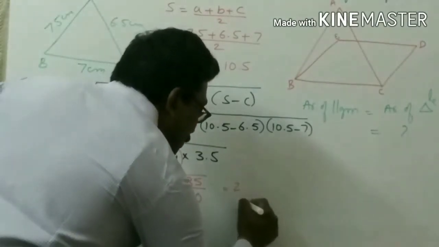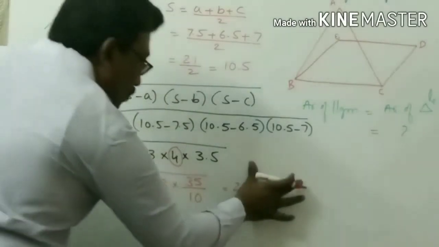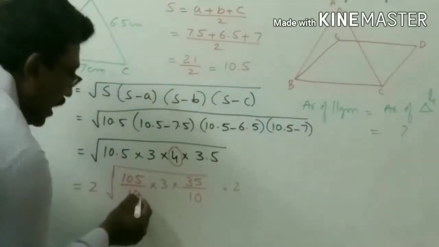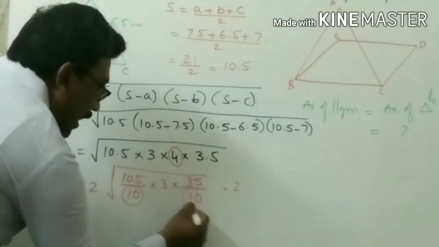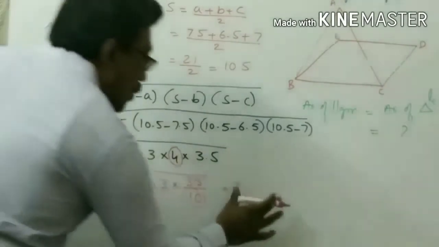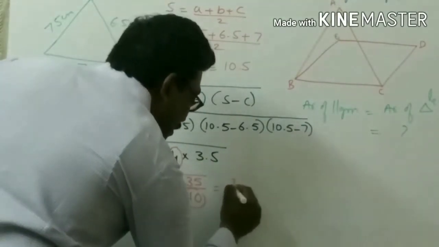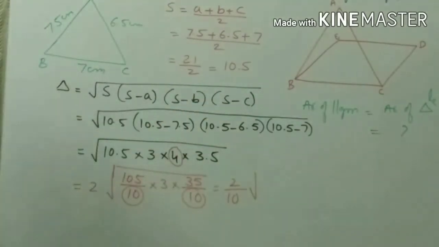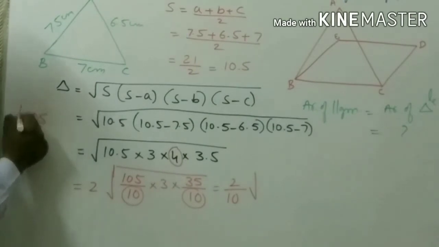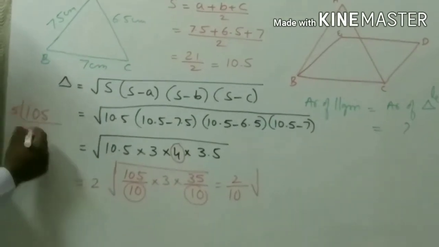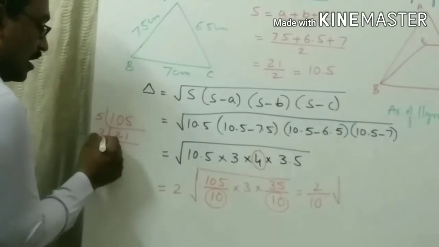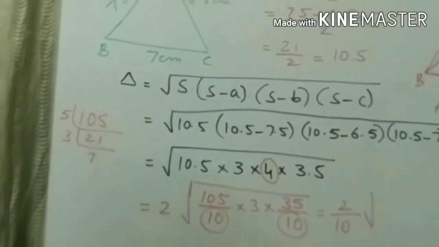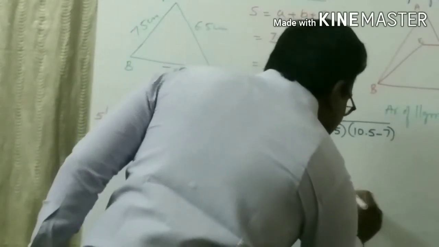Now 2 into root of, and before writing the root, the 10 is repeated twice, so I am writing 1. Now there are no fractions inside. 105: I am writing the prime factorization. 5 table, 21; 3 table, 7. So 5 into 7 into 3.